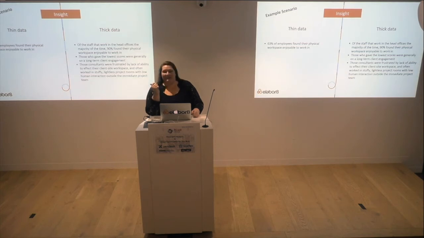We also looked at the open text responses to the surveys, triangulating all of that information against each other to find out why this result was what it was. What we found is that of the staff who were working in the head office, 90% of them were happy with their workspace. So that tells us something completely different, right?